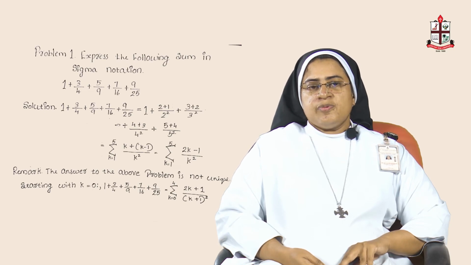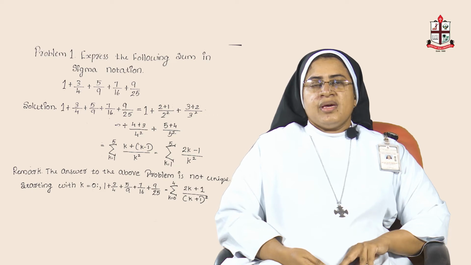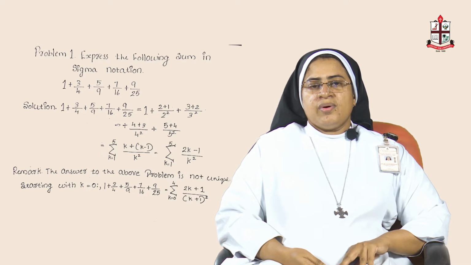So, listen to the first problem: express the following sum in sigma notation. The first problem is 1 plus 3 by 4 plus 5 by 9 plus 7 by 16 plus 9 by 25. So, what is the solution of such a problem? Here first you are going to write this problem as a general case. You know that 1 could be written as 1 by 1, or 1 divided by 1 square.